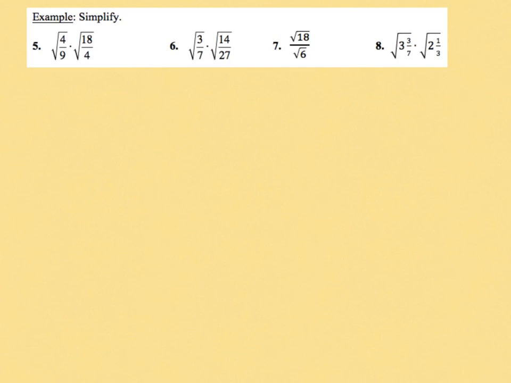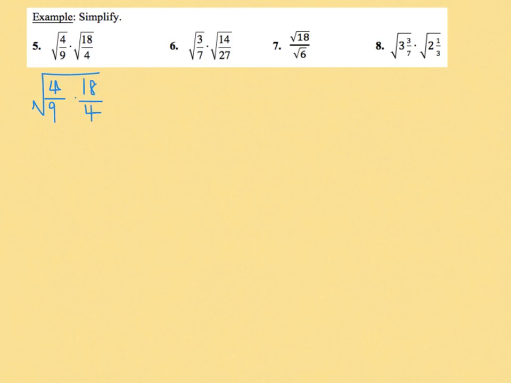Now let's look at some examples involving fractions or division of radicals. For example 5, we can rewrite it as the square root of 4 over 9 times 18 over 4.